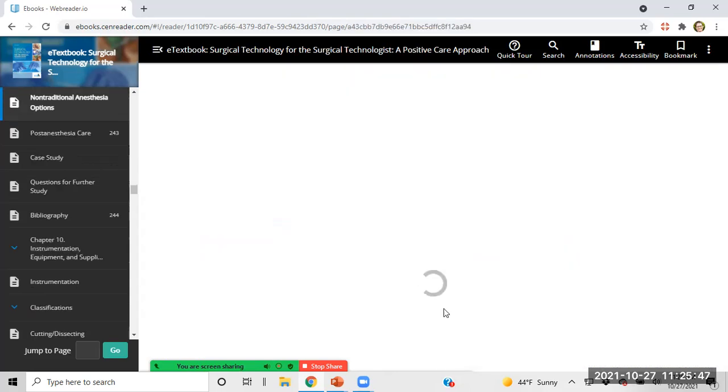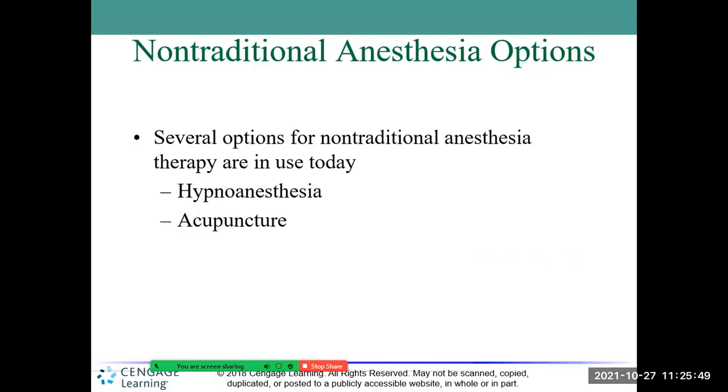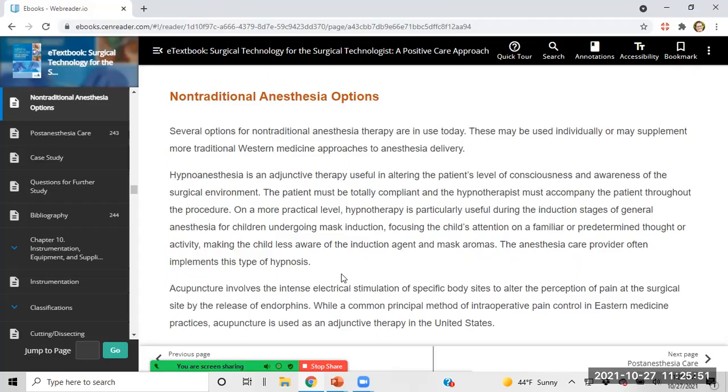Now, talking about non-traditional anesthesia options. So hypnoanesthesia, this is when the patient is on board for this and working with the anesthesia. Hypnotherapy may be used in this to reduce the pain signaling. And so it's really helpful in that induction phase.